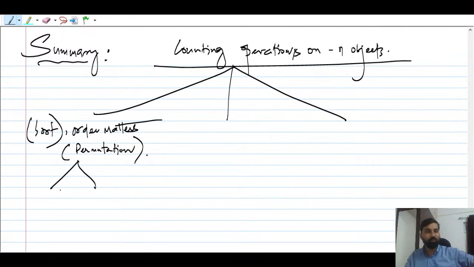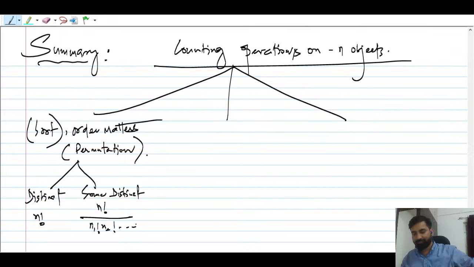तो permutation आप दो में perform करते हो. One is distinct, or some indistinct. Here, for distinct objects, permutation will be n factorial. In the indistinct case, permutation will be n factorial upon n1 factorial, n2 factorial, and so on.